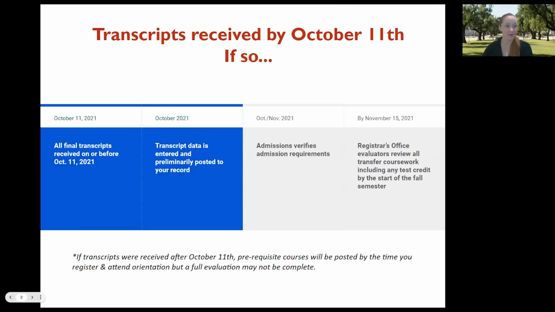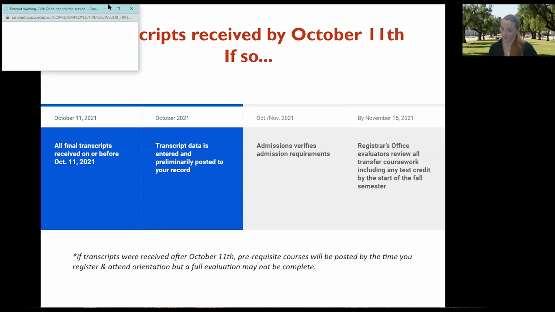Thank you, Colleen. So first off, I want to go over a quick timeline of what you can expect. If you submitted your final transcripts to the admissions office by October 11th, we are going to have your evaluation completed by November 15th. However, if you didn't meet this deadline, please don't panic.